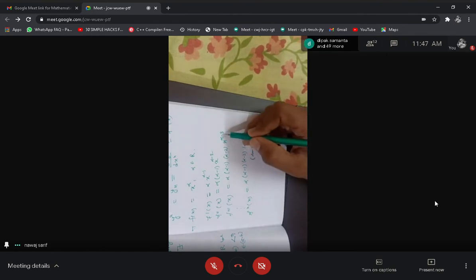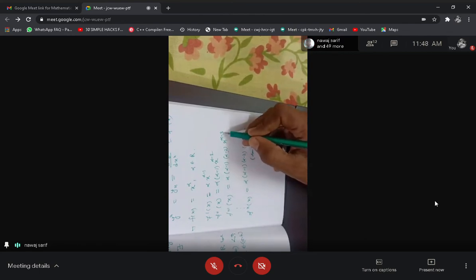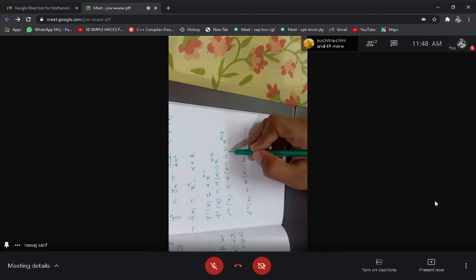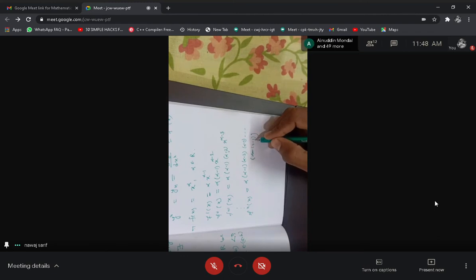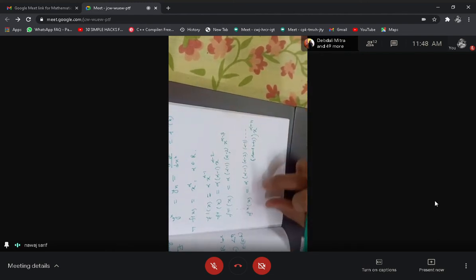Okay, that means the last term is alpha minus n plus 1, into x to the power alpha minus n. So this is the nth order derivative of the function x to the power alpha when alpha is any real number.